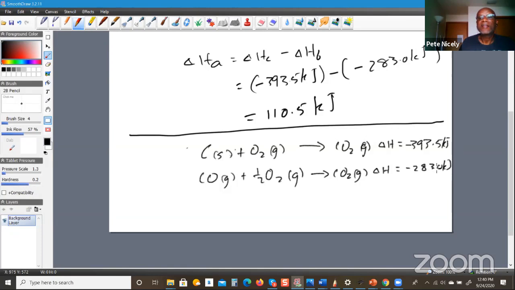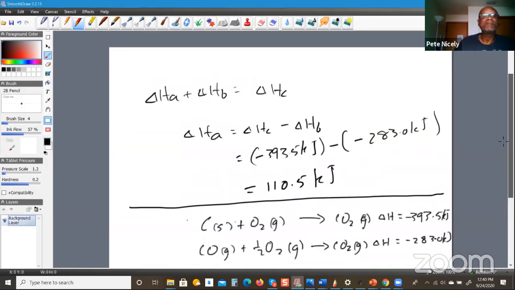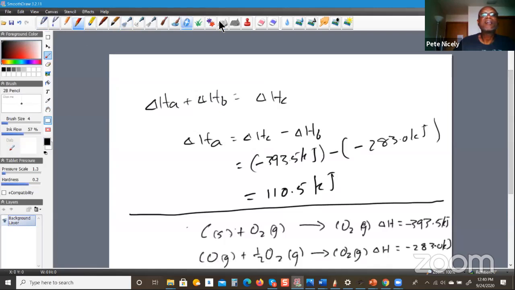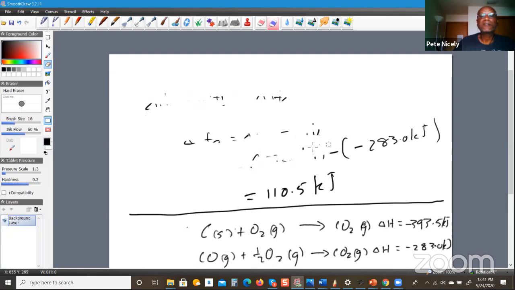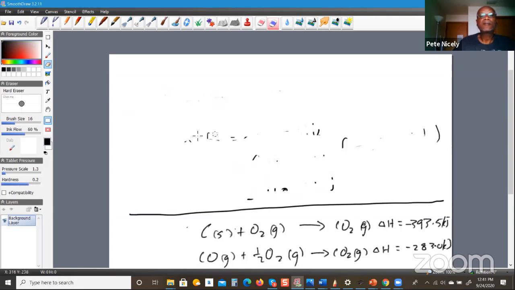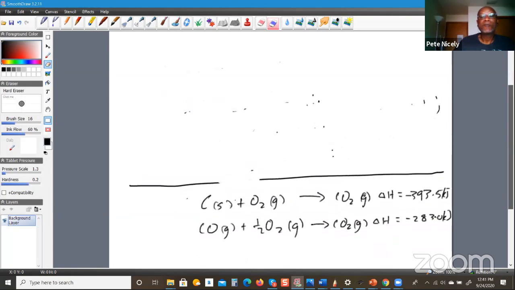Okay, I think I'm gonna need more space. So let me erase the top part here. So what I'm going to do is, well, firstly, let me just show you what we have here.